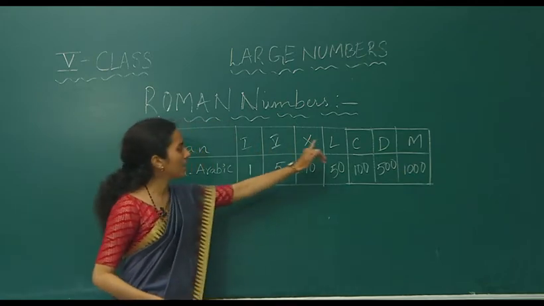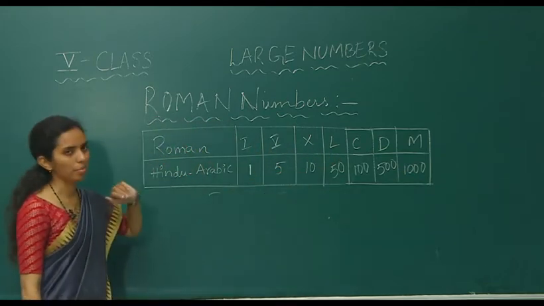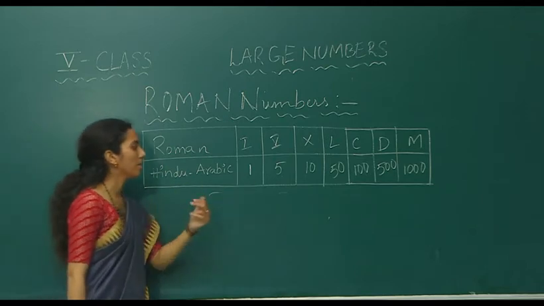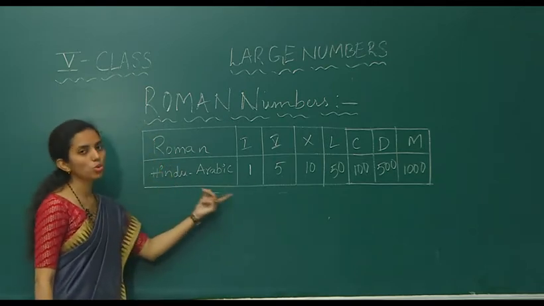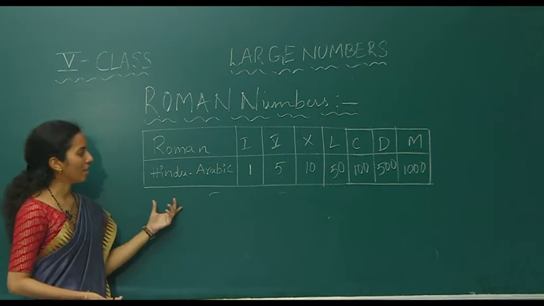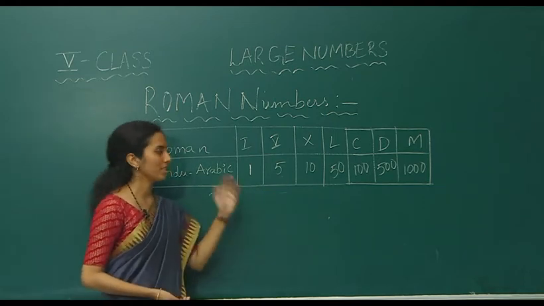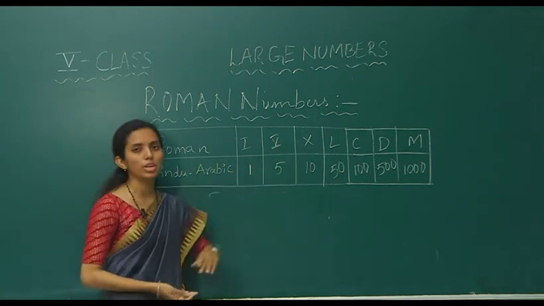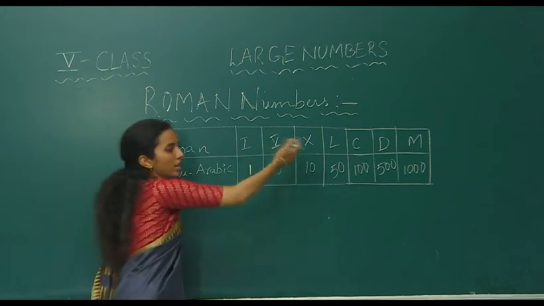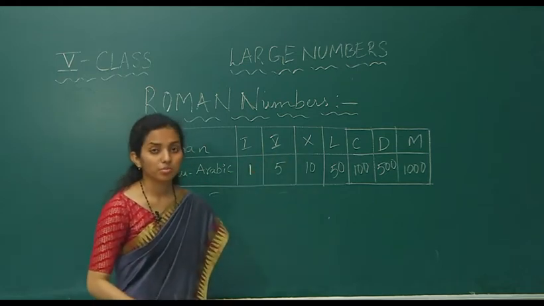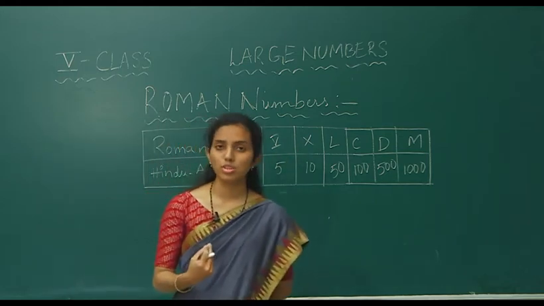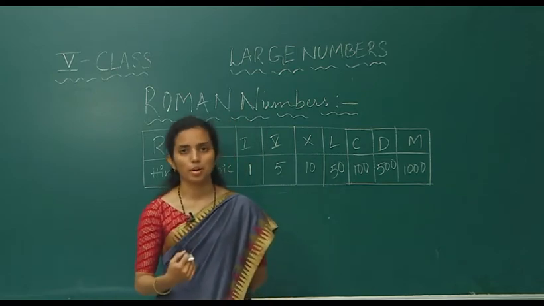These are the symbols in the Roman number system, and our number system is also called the Hindu-Arabic number system. In our number system we write like this, and in Roman numbers if we want to denote numbers we use these symbols. There are a few rules to write numbers in the Roman number system.